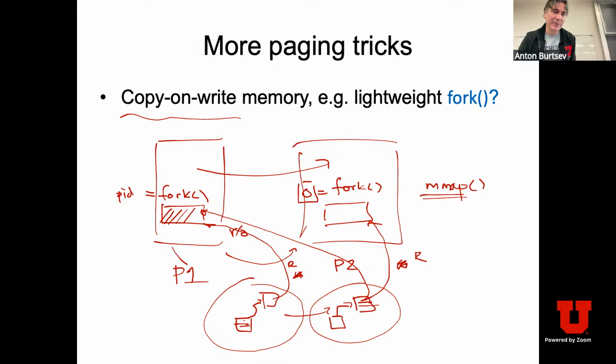And when one of them issues a write, you will get a page fault. We're going to talk about exceptions and implementation of page faults. The kernel receives the signal that the program tries to access a page, looks up the metadata, and says, okay, this page was copy-on-write, so it's really writable. So it's not a bug in the program. It really tries to write to this page, and then the kernel creates a clone of the page and updates the mappings to writable, right? So nothing really super complicated.